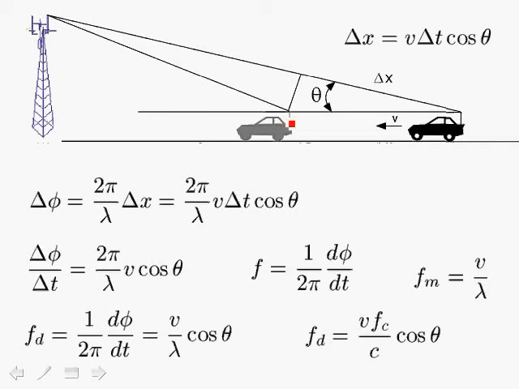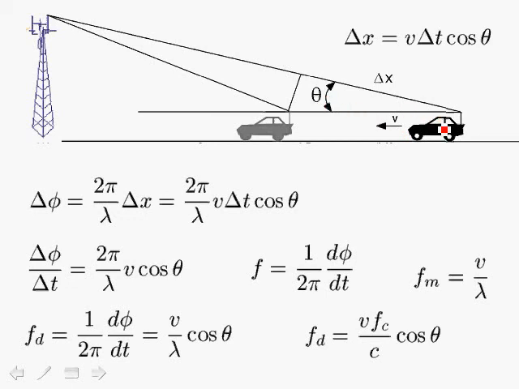The changing of phase over time results in a frequency shift, as we see in the definition of frequency as a derivative of phase divided by 2 pi. So the key to obtaining the resulting change in frequency due to Doppler shift is to derive an expression for the change in phase.